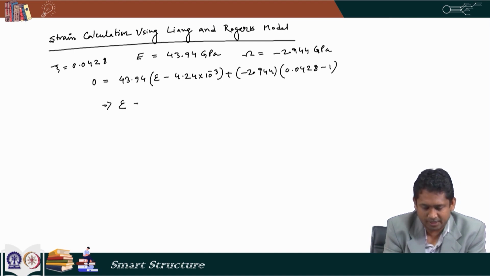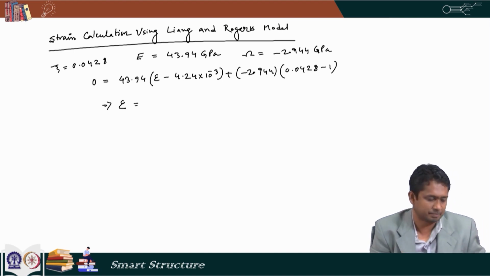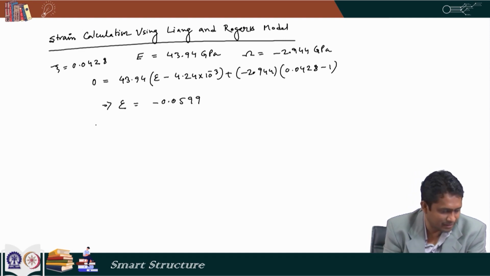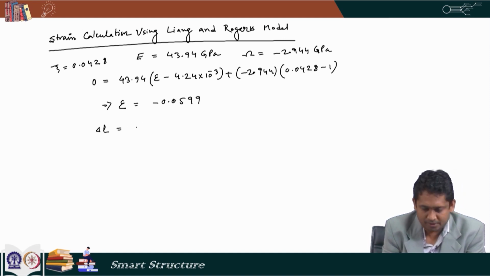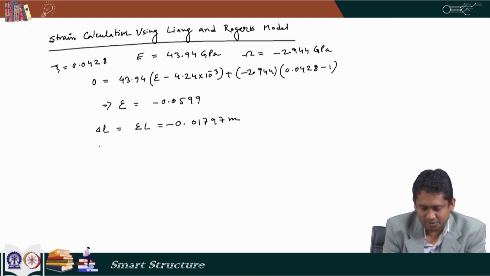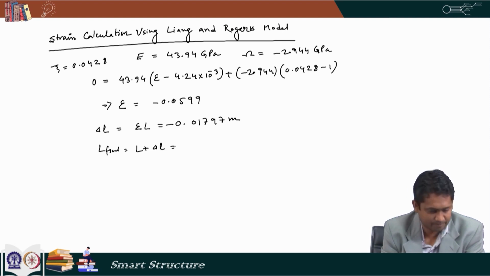So, by solving we get our strain as minus of 0.0599, and then that gives me a delta L as epsilon multiplied by L, and we get that to be minus 0.01797 meter.